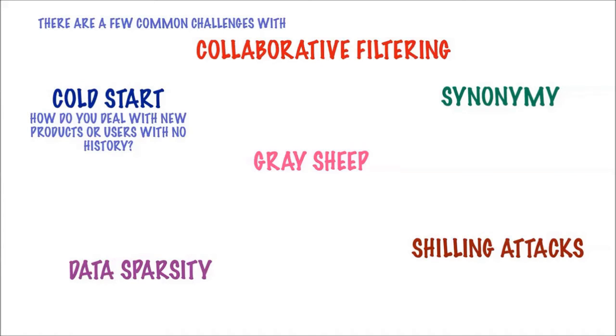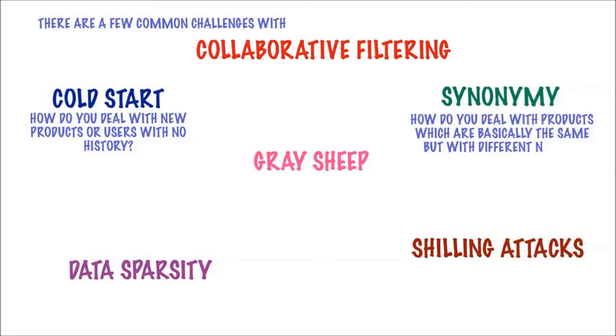So if you have users who don't have any history, how do you provide recommendations for them? Synonymy is dealing with products which are basically the same but have different IDs or names. Since we don't have any descriptive data about the products, how do we identify this? These are similar in collaborative filtering.